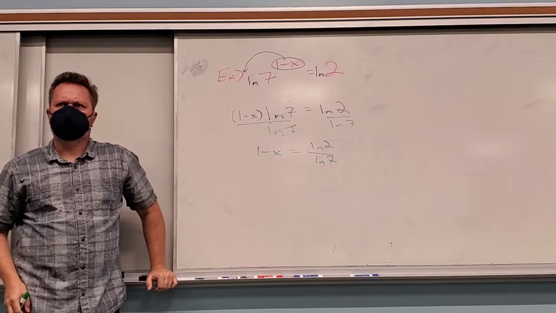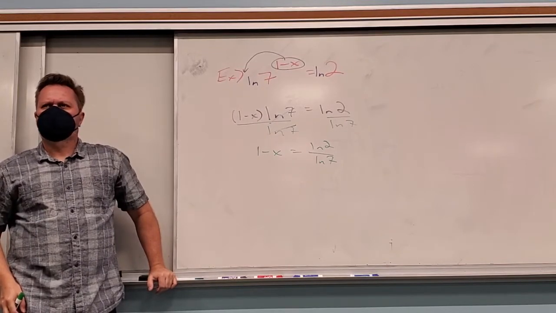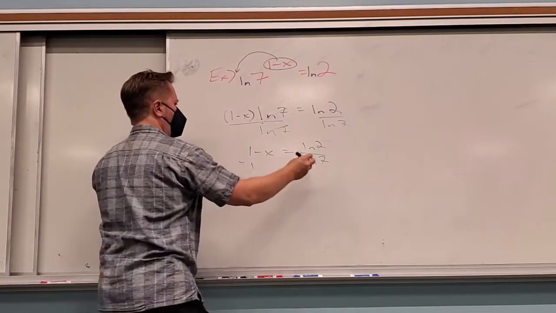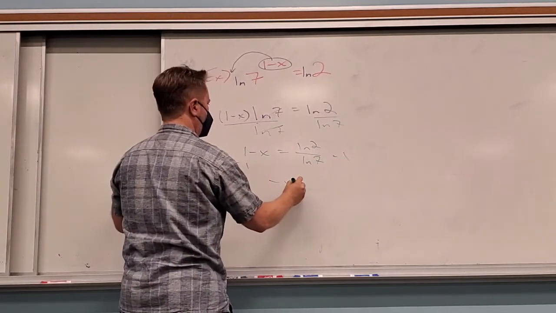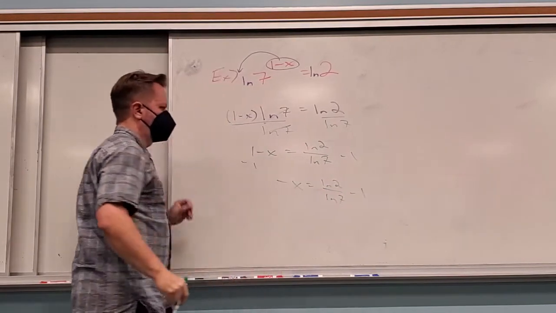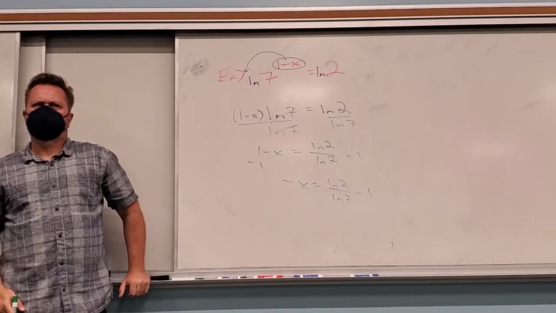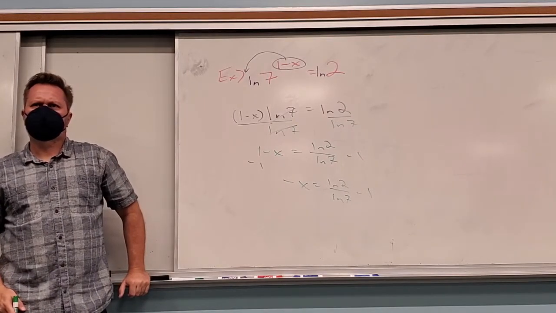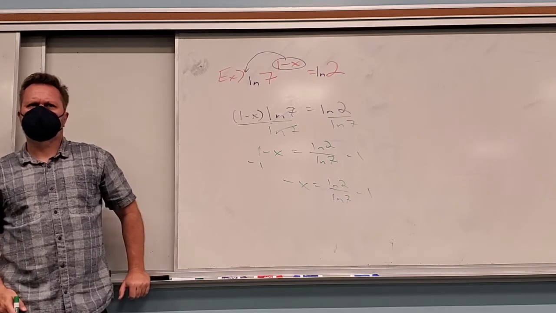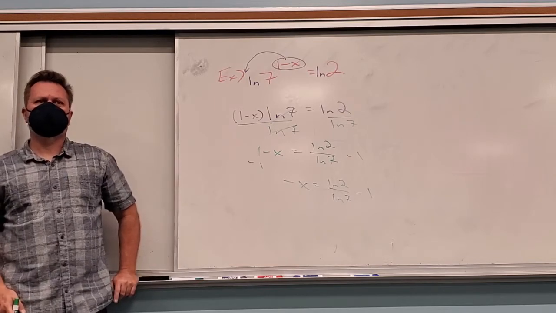What do I do to solve for x? Sure. So I can subtract 1. So I get negative x equals this. And then, why is x not by itself yet?